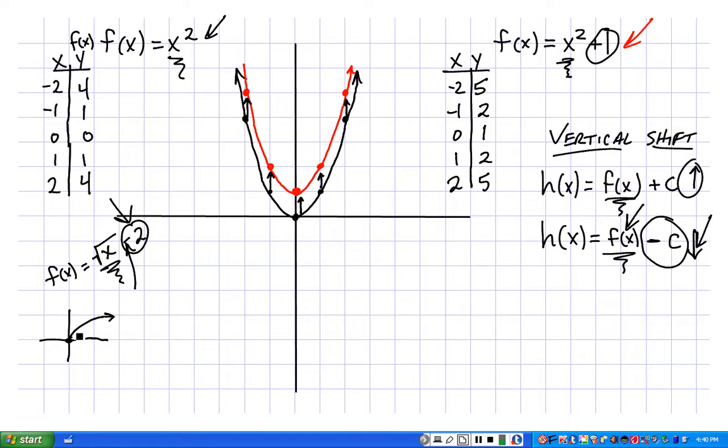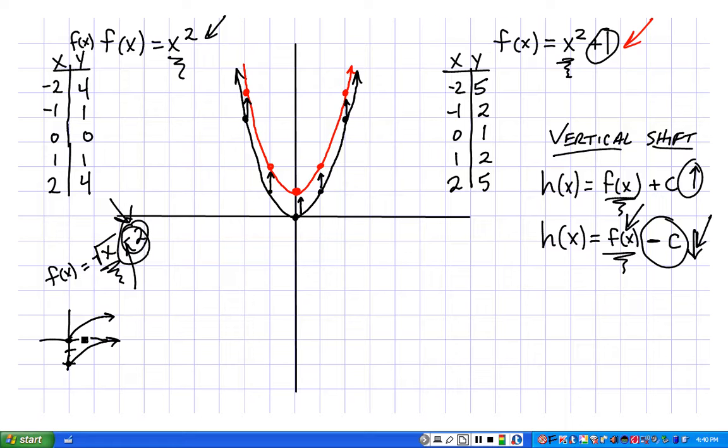So if this profile fits the square root of x, which is a parent function, at y is 0, then we would shift it down 2 units, and we'd draw the same graph, but now it's 2 units lower. And that's what we mean by transformation.